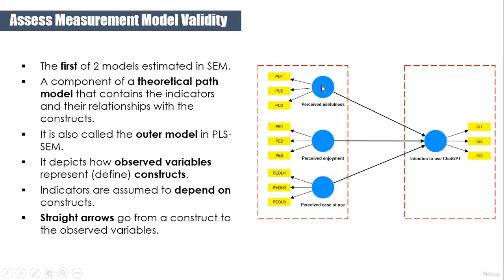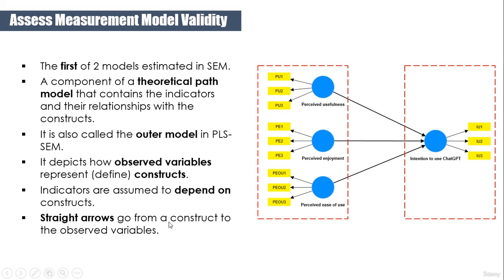That's why we are interested in the validity and reliability of these items in successfully measuring the latent construct. Thereby the indicators are assumed to depend on the construct. These indicators are dependent on the construct.